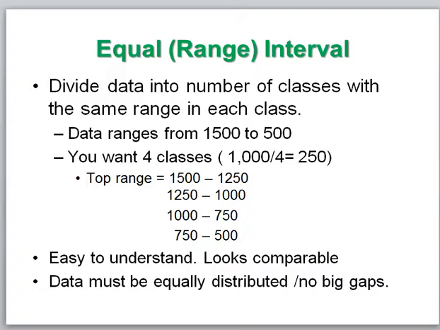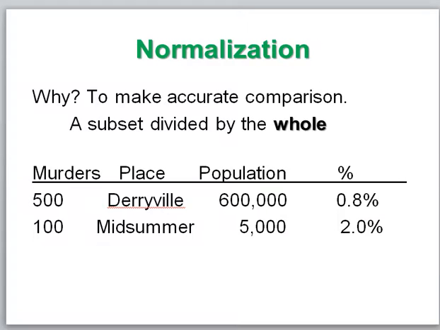So you take the difference, so there's 1,000 people to divide up into 4 classes, so your data would break from 500 to 750, 750 to 1,000, and on up. So it looks fair, it looks comparable, and it's easy to understand, but when you go through the lab, you will see how equal interval really doesn't always show you the best distribution of your data.